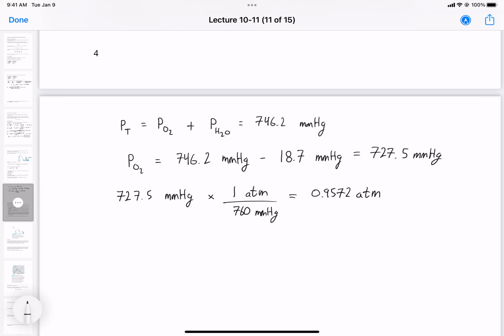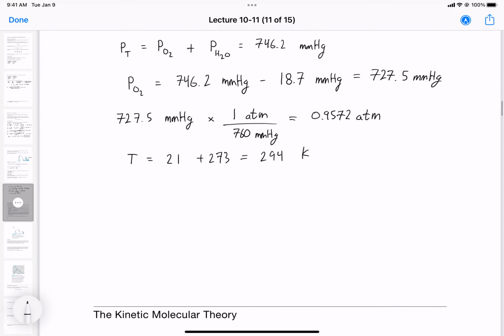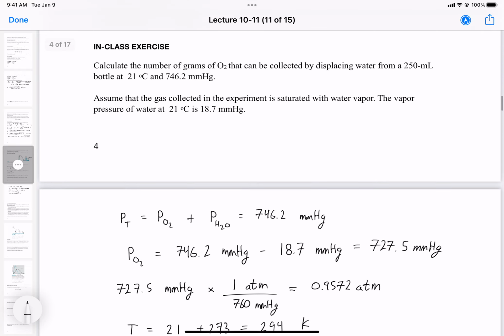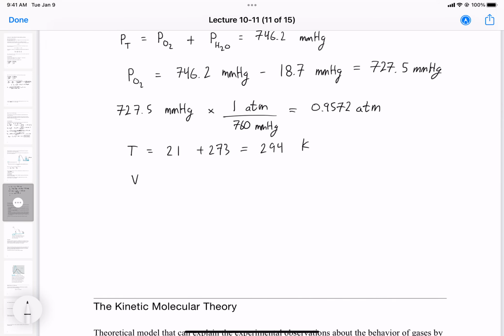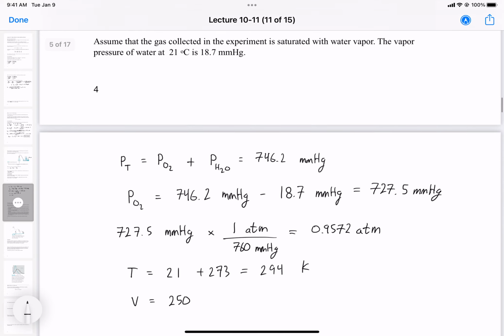Now our temperature here is going to be 294 Kelvin. And then we can use our volume here. Volume equals 250 milliliters.